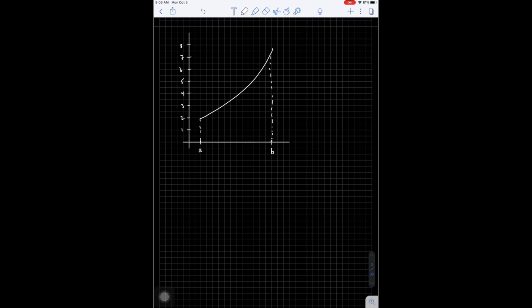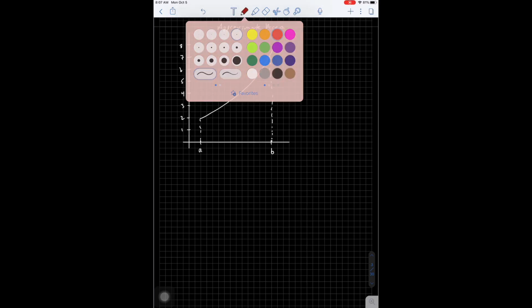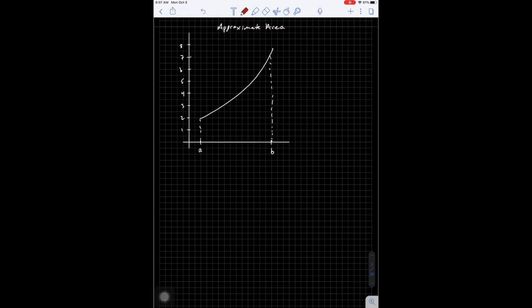The first thing that we do, we always start with approximations. So this is how we're going to approximate the area, and then we'll talk about how we adjust our approximation to make it exact. So the first method is by taking this section between A and B and dividing it up into rectangles.